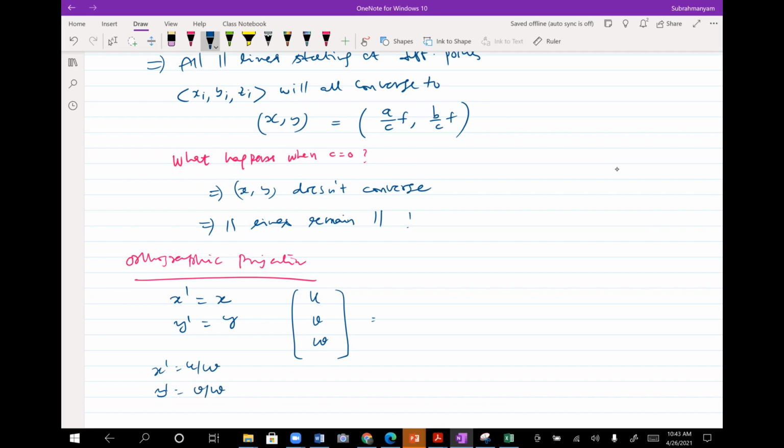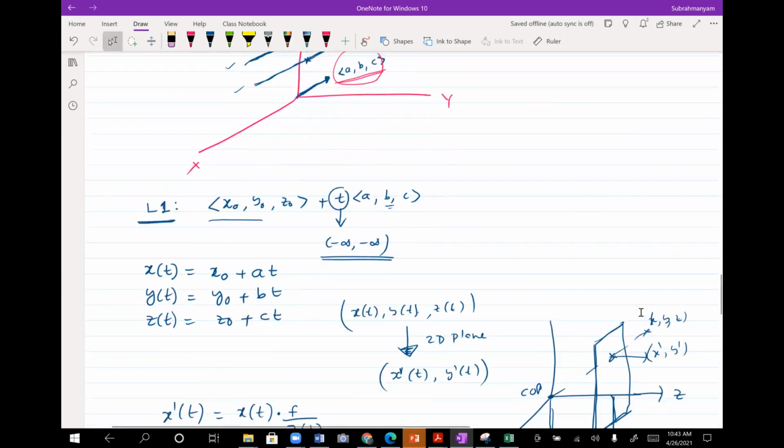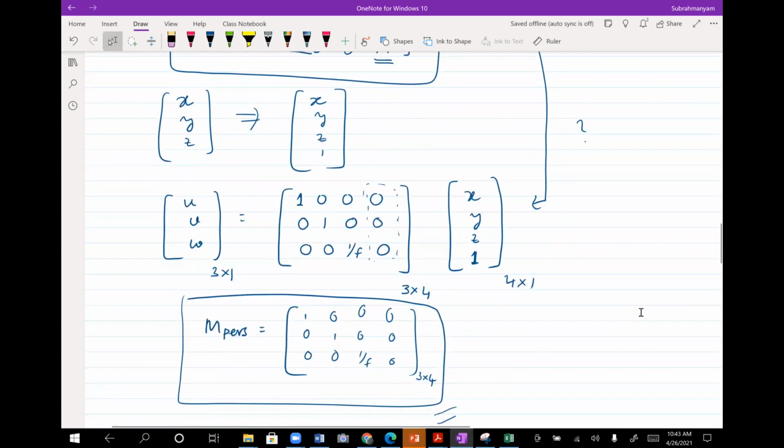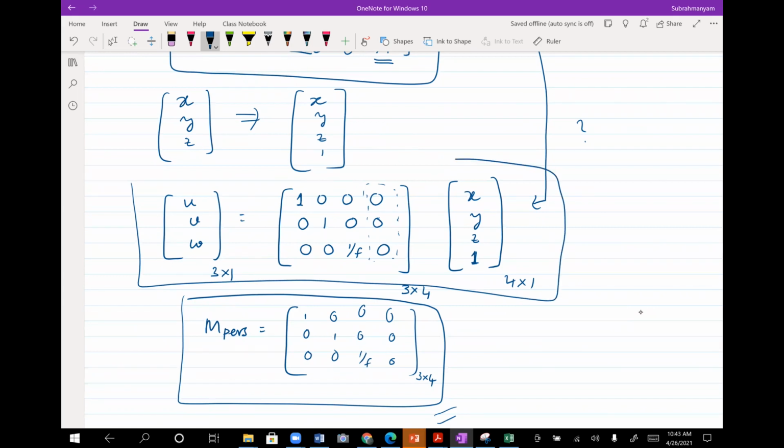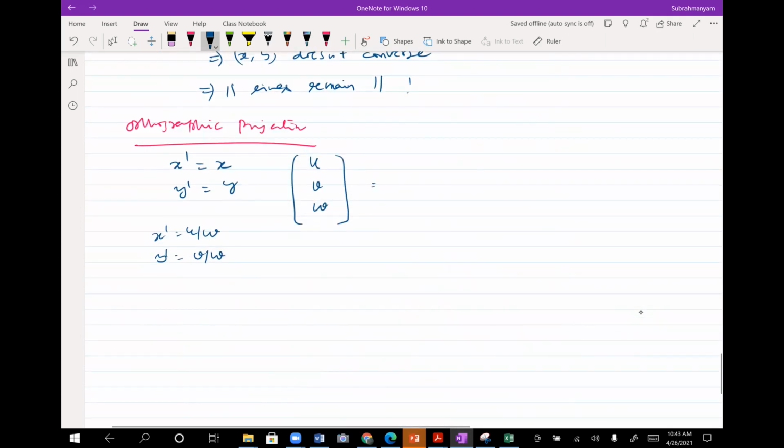We were doing that, right? We in fact went to keeping one also there. If you don't remember, that's fine. Finally, we were writing it in this form for our perspective projection.